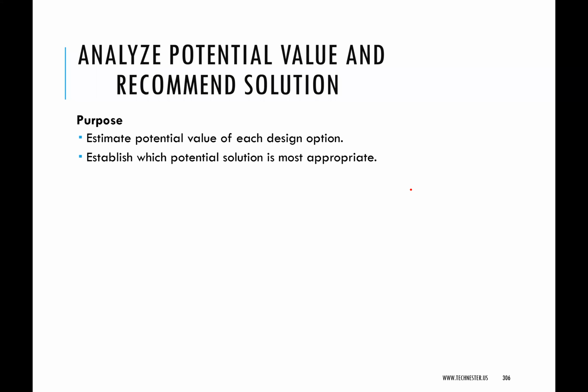What are the potential values of each of these options? And your second goal is you want to identify which solution is most appropriate. Which one of them? Is it buying? That will be the best for you. Is it building? Is it refurbishing or renting?